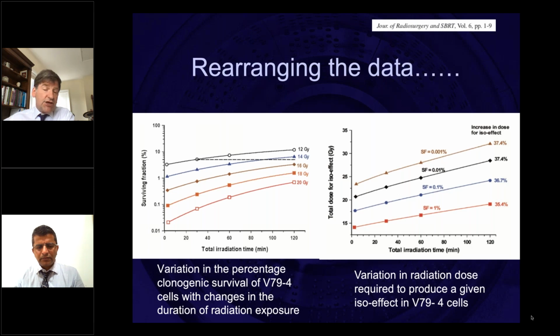If we deliver the dose acutely, so that means certainly less than 5 minutes, you require about 26 gray to get a surviving fraction of 0.001%. If you deliver radiation over a period of 120 minutes, then you require somewhere around 35 gray to get the same effect. So that's a 37% increase in dose for exactly the same iso-effect.